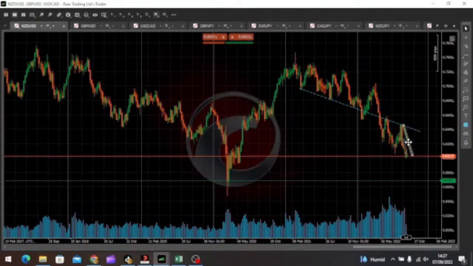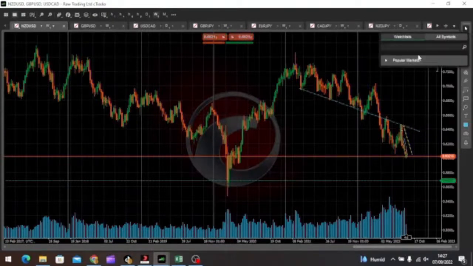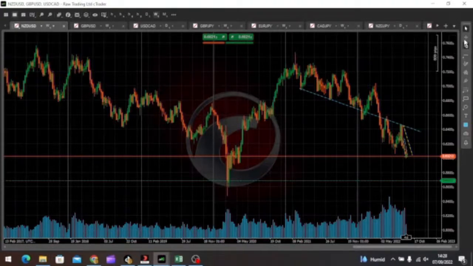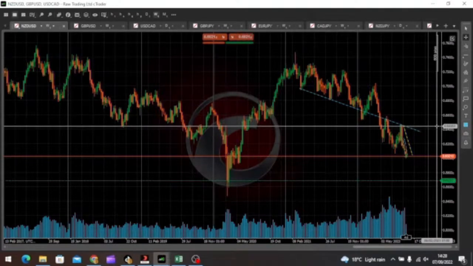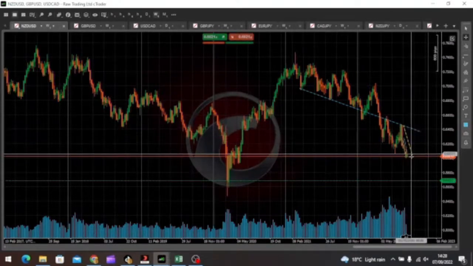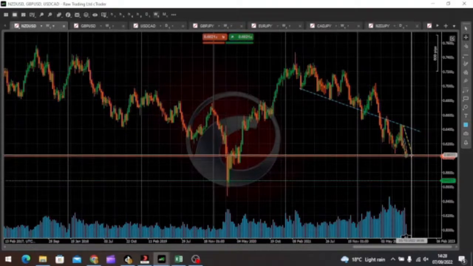Guys, if you've been following me, we had taken a trade on the New Zealand dollar from up here. Let me just highlight the area that we took this trade at. We took this trade at the 0.60363 area, and the trade last week closed on a take profit.